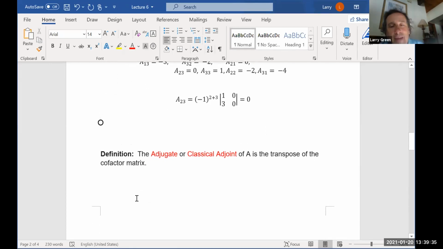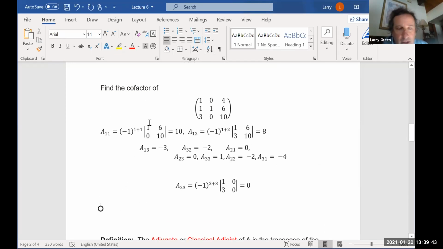So now I do the main thing. We look at the cofactor matrix. In fact, let's write that down up here. The cofactor matrix of A is going to be, so let me write A first and then we'll change the numbers.